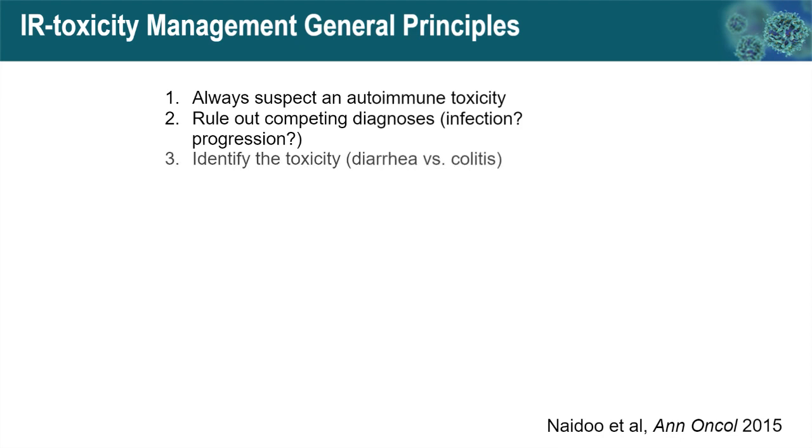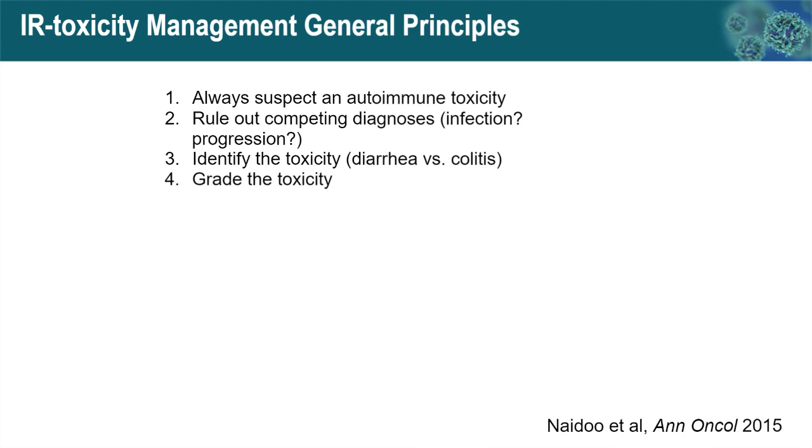Next, it is important to identify the suspected toxicity. For example, to distinguish between diarrhea and colitis, which may imply a different diagnostic evaluation and a more tailored management approach. Lastly, it is important to grade the toxicity, which means to assess the severity of the toxicity according to a set standard guideline, such as the CTCAE guidelines, which stands for Common Toxicity Criteria for Adverse Events.